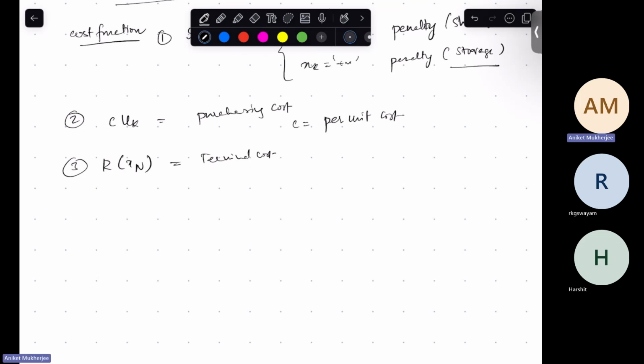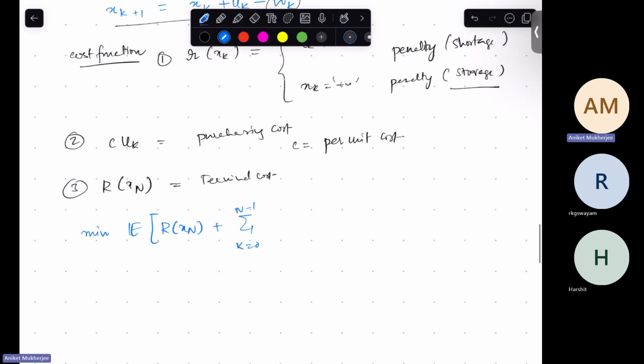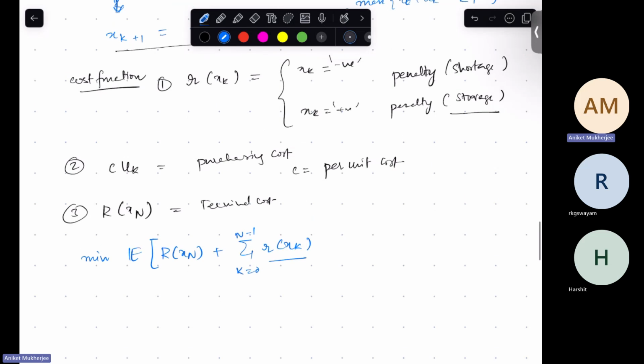Okay, so now my objective is to minimize the expectation of R of xN, the terminal cost, plus the summation over k equal to 0 to N minus 1 of R of xk, this state cost, either storage or shortage, plus c uk, your purchase cost.